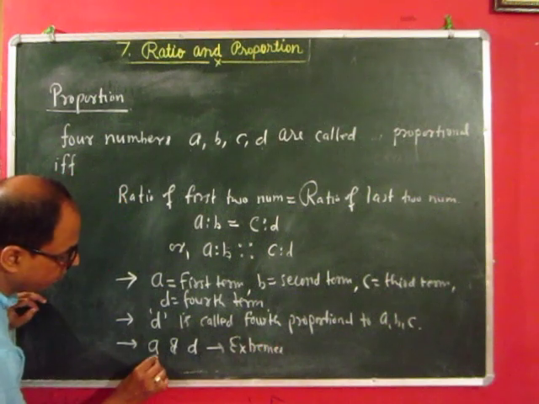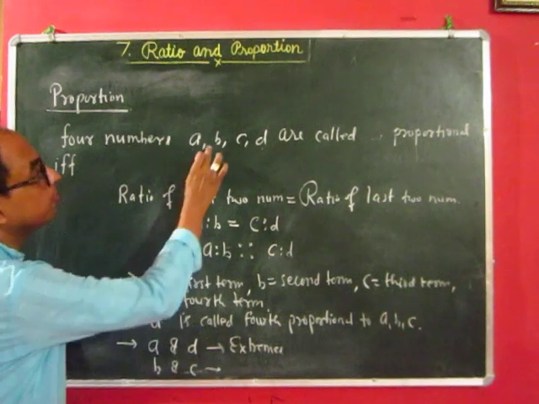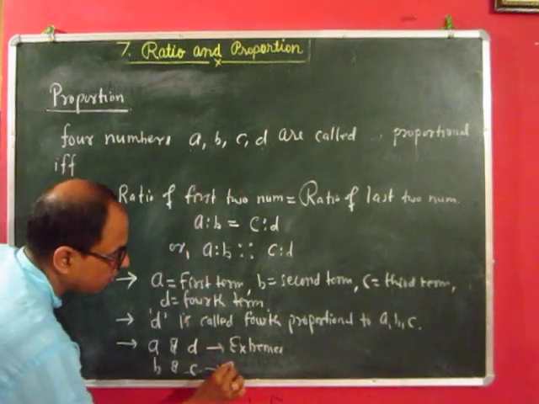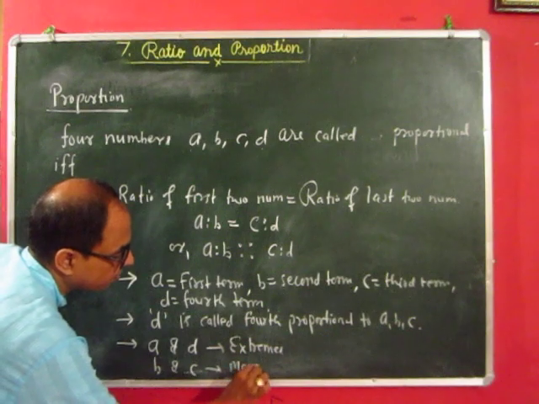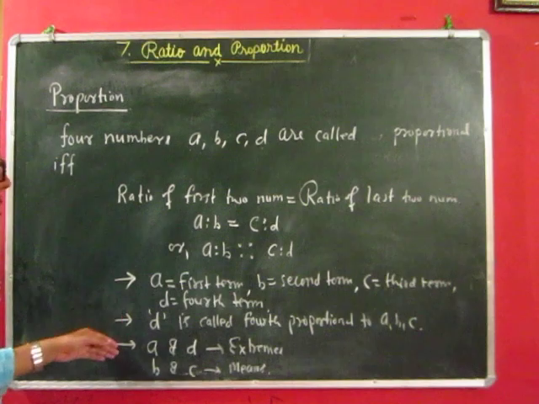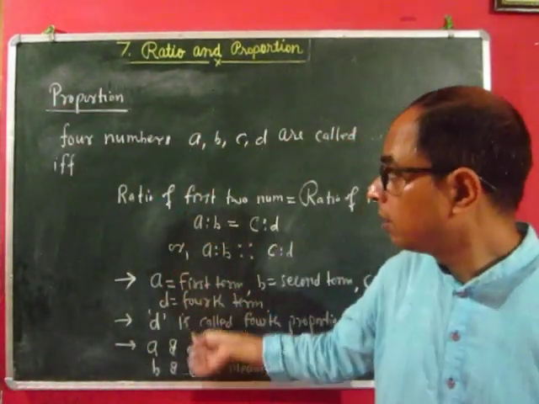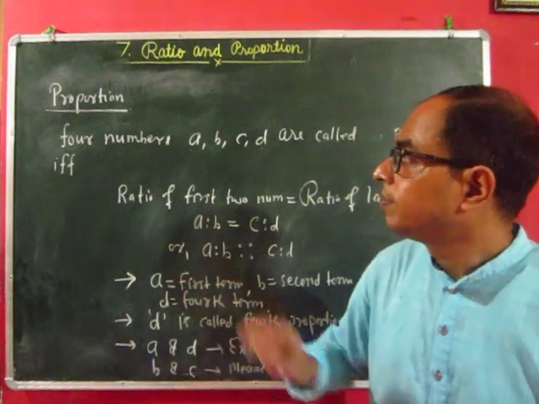And B and C, the middle two numbers, are called means. Clear? So remember these three points and these terms. It will be used in the question.